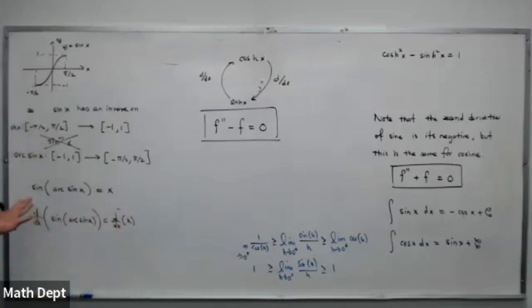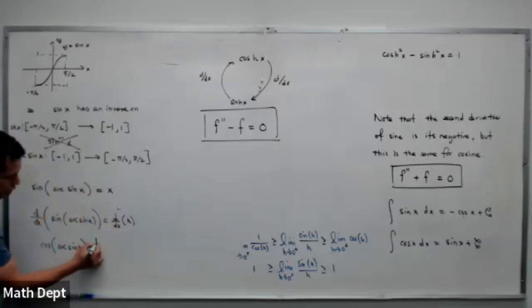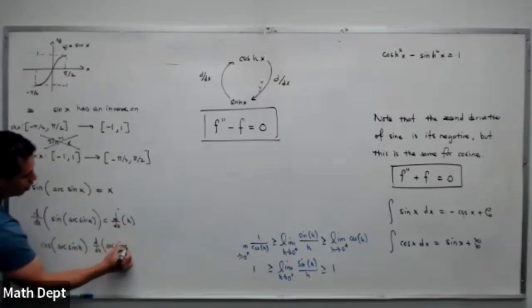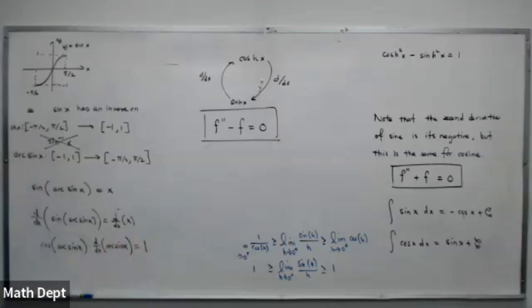The same trick that we're going to develop here applies for every single invertible function. So, chain rule: whatever I have is cosine of the arc sine of x times, using the notation d/dx, arc sine of x, is equal to 1.